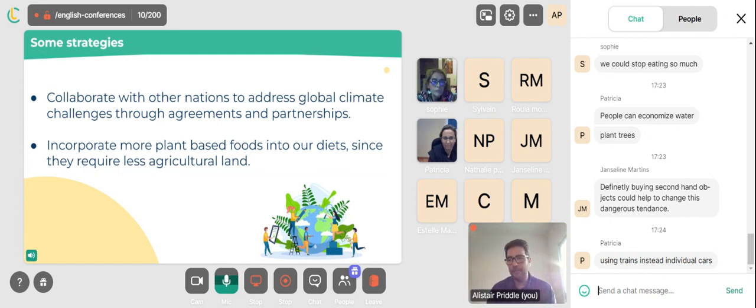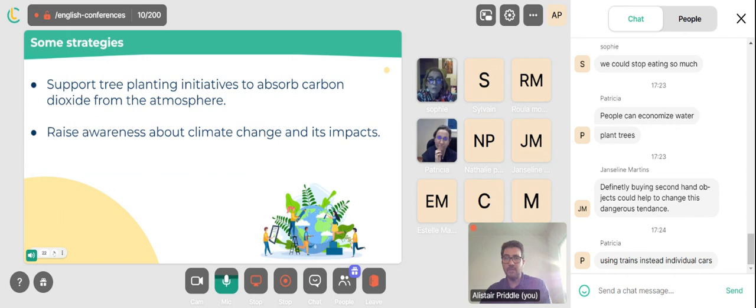Certainly, we can try to put pressure on our governments to collaborate with other nations to address global climate challenges through agreements and partnerships. Okay, and then something on a more individual level, we could incorporate more plant-based foods into our diets, since they require less agricultural land. Okay, so some more interesting strategies.